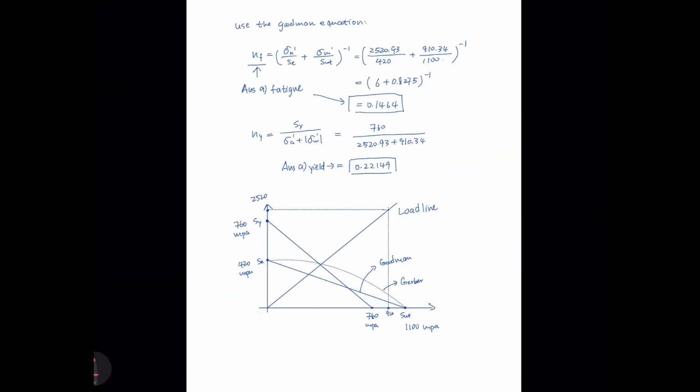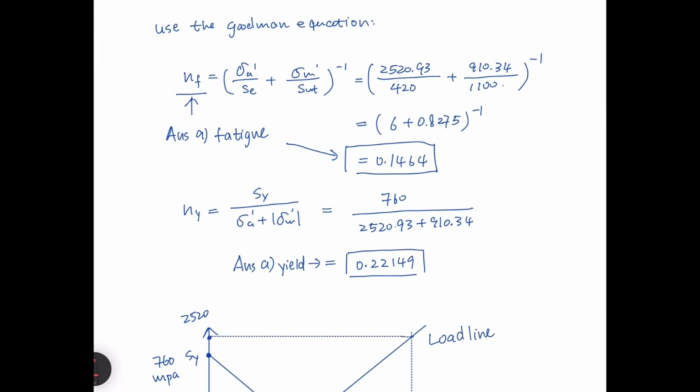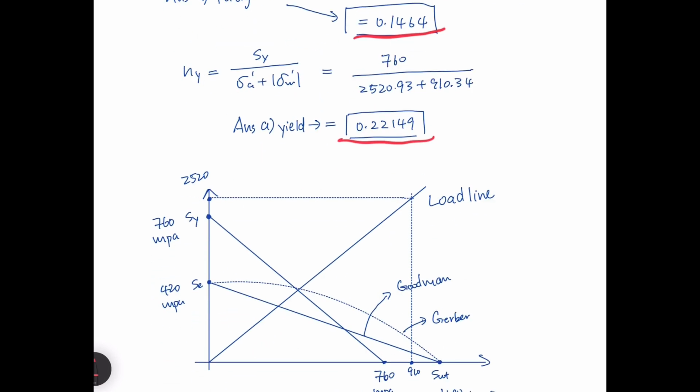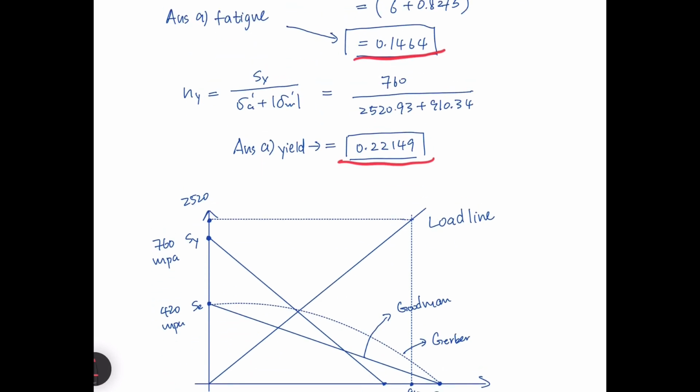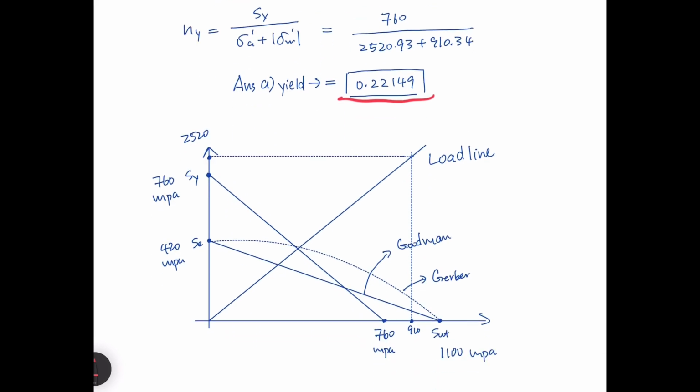And after this, we can use the formula that shows in the first page, the triangle one, to find the fatigue safety factor and the yield safety factor. In this case, the fatigue one equals 0.14, and the yield is 0.22. So both of them show that it will fail the first time, right? Because it's smaller than one.